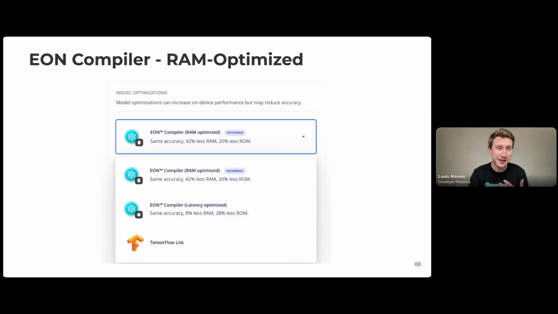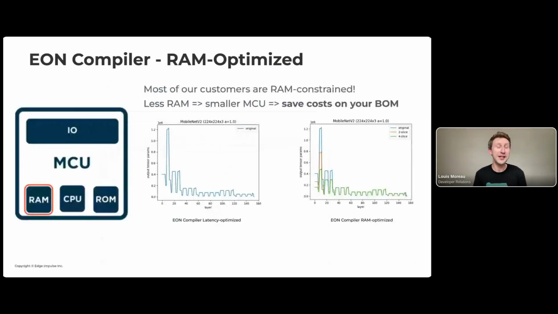And why we spent the last few months to develop that is because we noticed that in many of our customer use cases, they were RAM constrained. When you have less RAM, you have smaller MCUs and you save cost on your bill of materials. So that's super easy to understand. And by analyzing our machine learning architectures, we identified that most of the RAM usage was used to store the intermediate results, especially in convolutional neural networks.